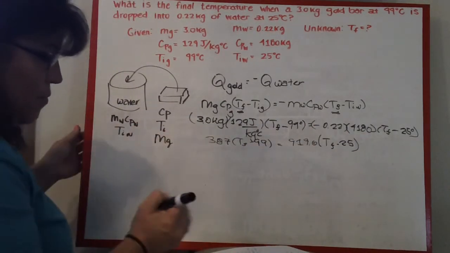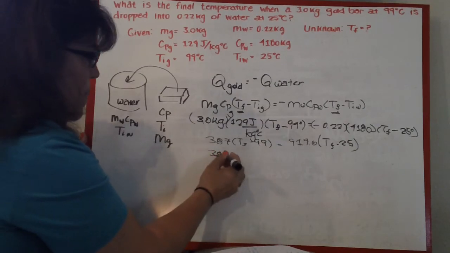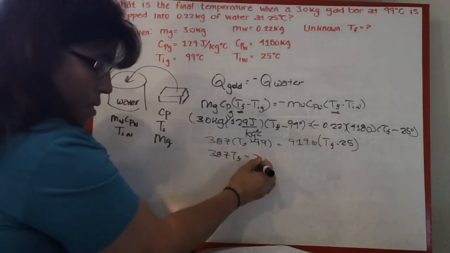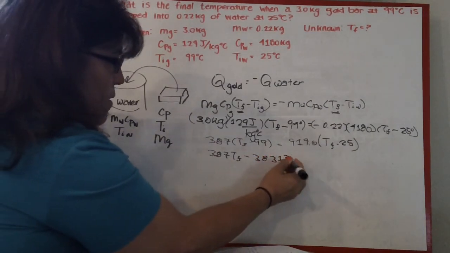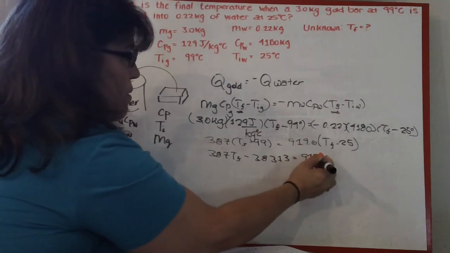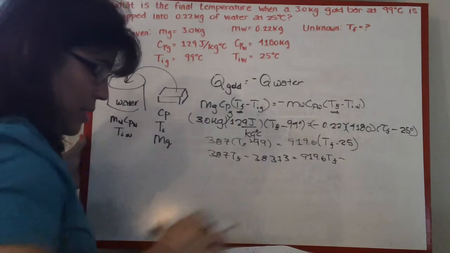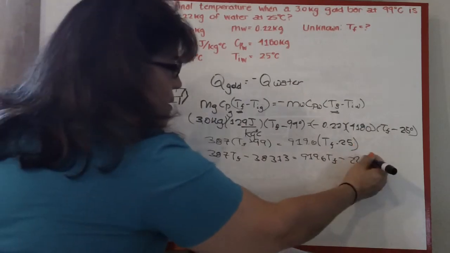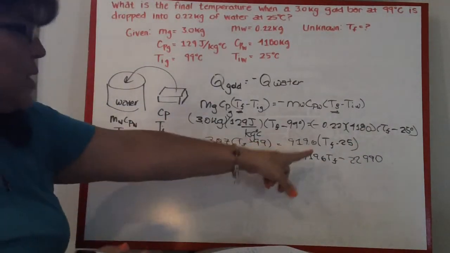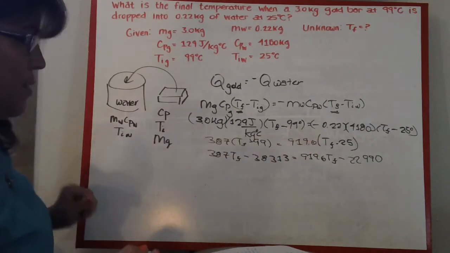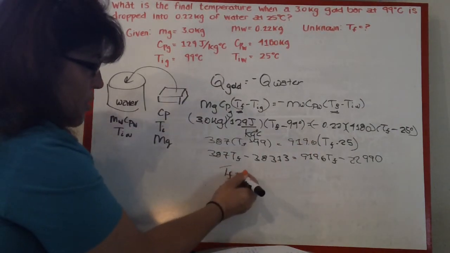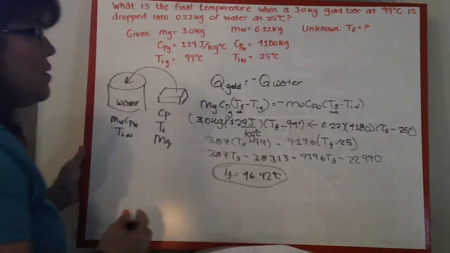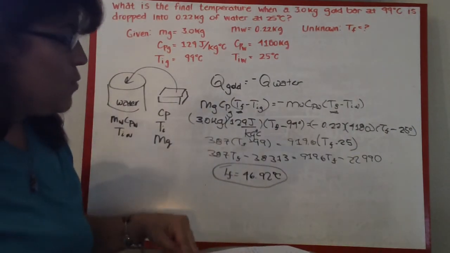And then if we do some distributive property here, we have 387 TF minus 38313 equals 919.6 TF minus 22990. And if you put the TFs together on one side and the constants together on the other side, you end up with your final temperature of 46.92 degrees Celsius.